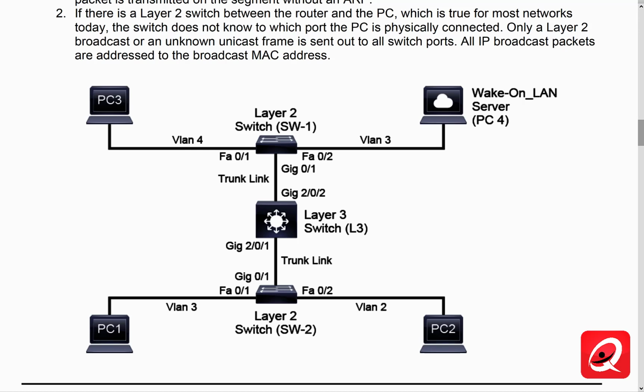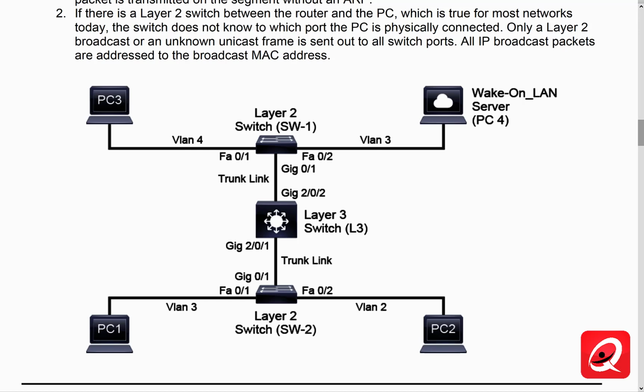Actually, it would, yeah, because the link between switch 1 and switch 3, or the middle switch, is a trunk link. It's not a layer 3 interface. I was thinking there's no way that they could have VLAN 3 on one side of the router and VLAN 3 on the other side of the router. But in this case, we're using a multi-layer switch. So there's a layer 2 function, and then there's a kind of internal layer 3 function on the switch.